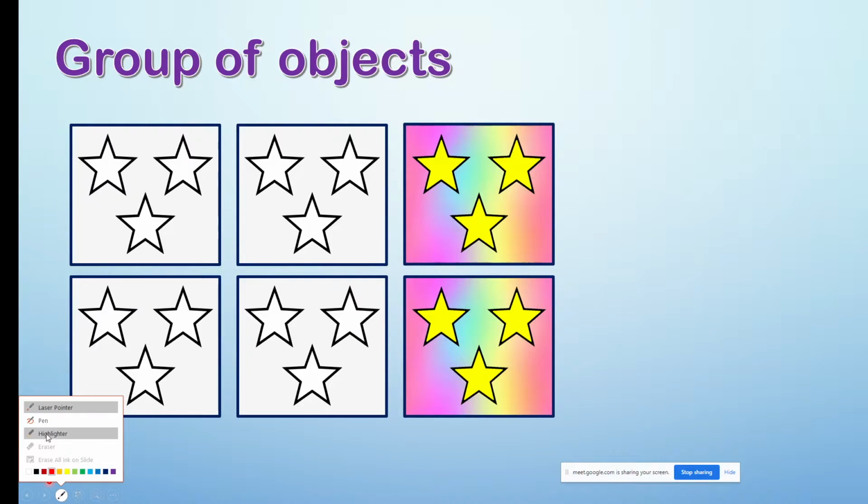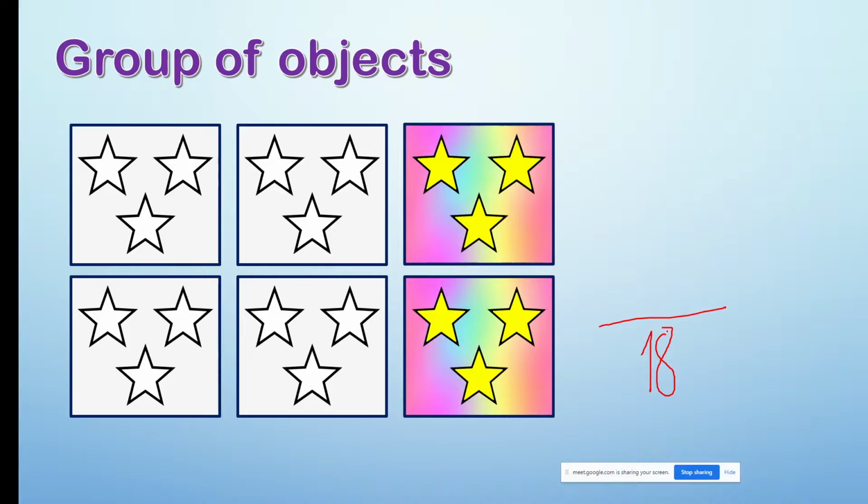You are not going to write 18 as the denominator. Okay? You will count per group. So it will be 1, 2, 3, 4, 5, 6. So the denominator is 6.